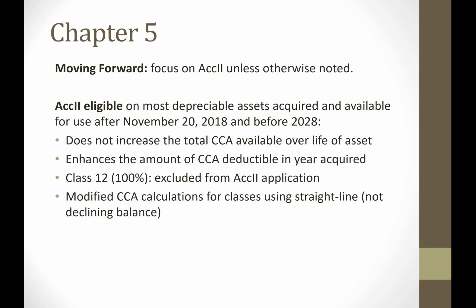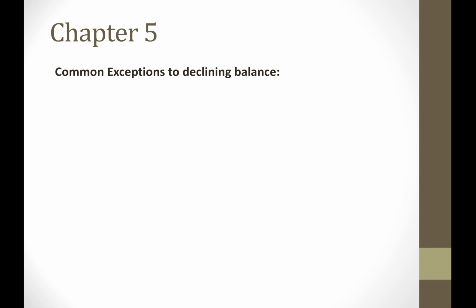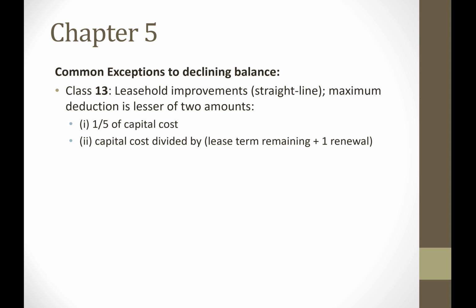Most CCA classes use declining balance, but there are some exceptions that use straight line. Now, a couple of the exceptions to declining balance, one of them is Class 13. Class 13 uses straight line CCA calculations, and Class 13 relates to leasehold improvements. Now, on the screen here is the calculation for CCA for Class 13, and we'll go through an example on the next slide. The accelerated investment incentive does apply, and we'll demonstrate that on the next slide.